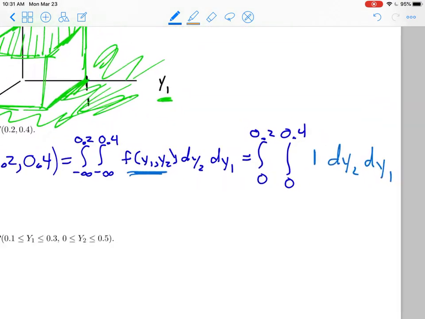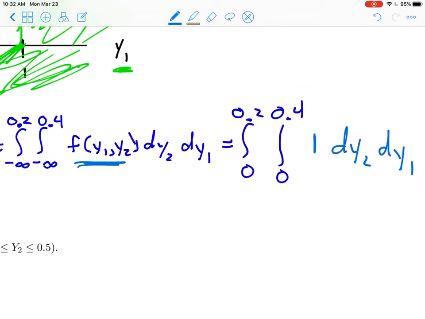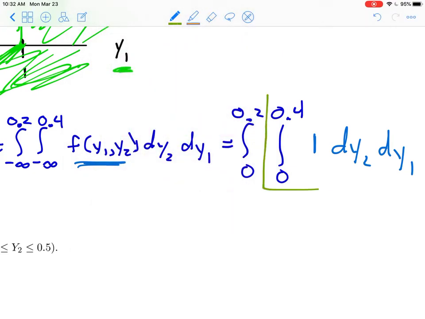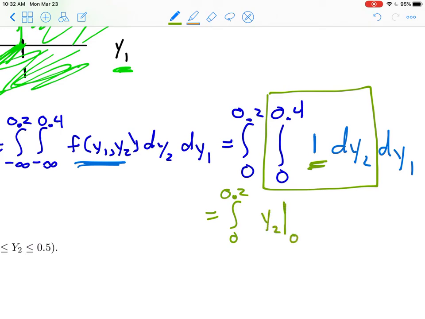What we're first going to do is work with the inside of this integral and integrate with respect to y2. This is just the function 1, and we are integrating with respect to y2. So that value of 1 integrates to just y2, evaluated from 0 to 0.4.